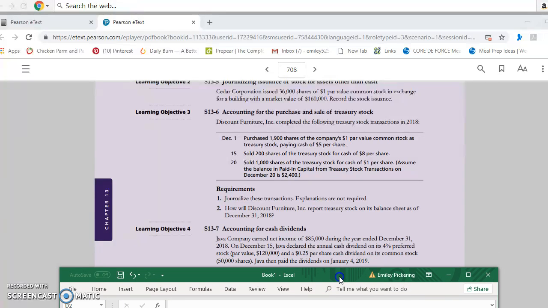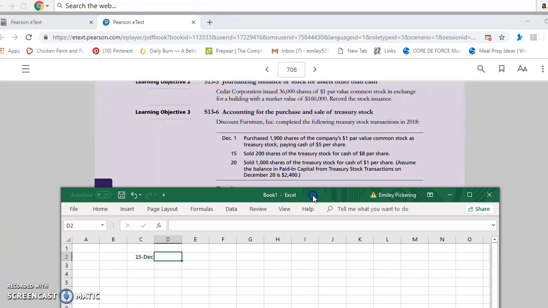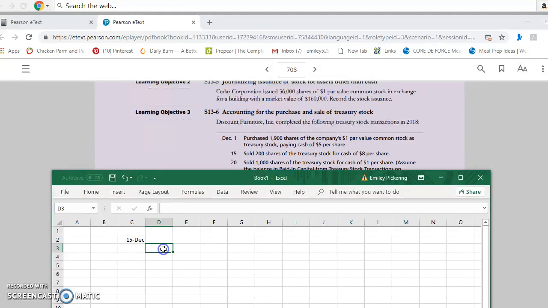So we declare an annual cash dividend of 4% on preferred stock. So does it say what our preferred stock is? Yeah, so we have par value of $120,000. So let's go ahead and calculate our liability. I'll go ahead and make the bottom entry first. So we have dividends payable, and that's going to be 120,000 times 4%.